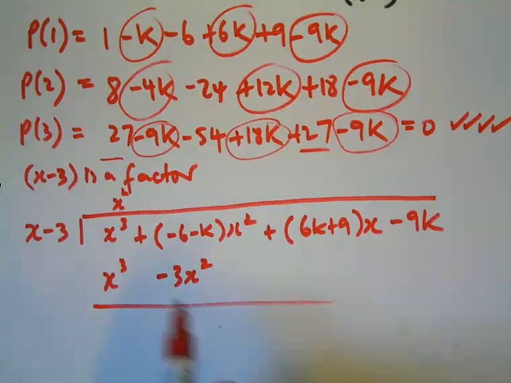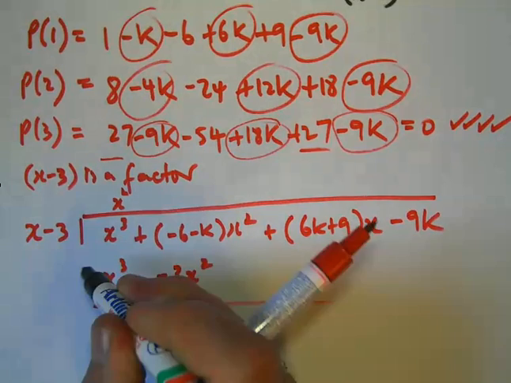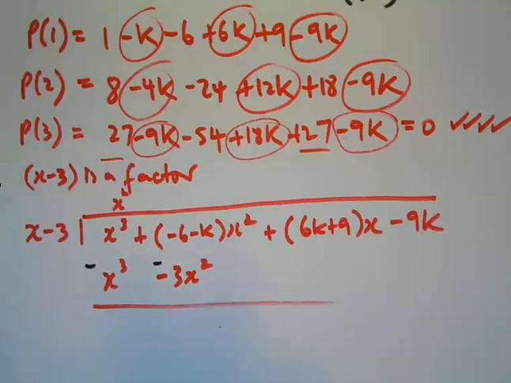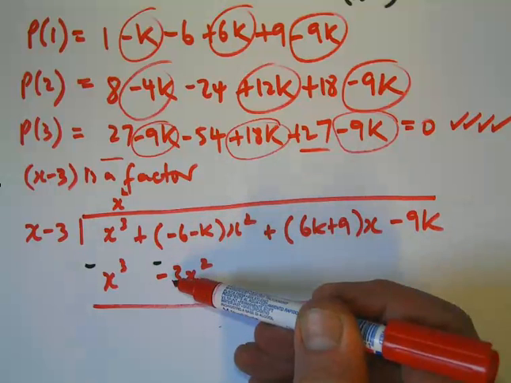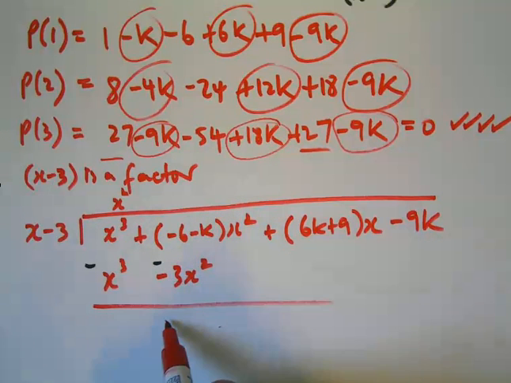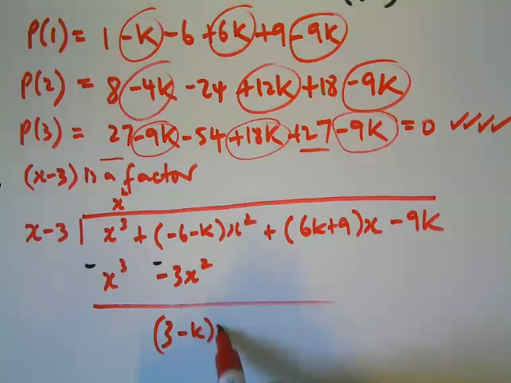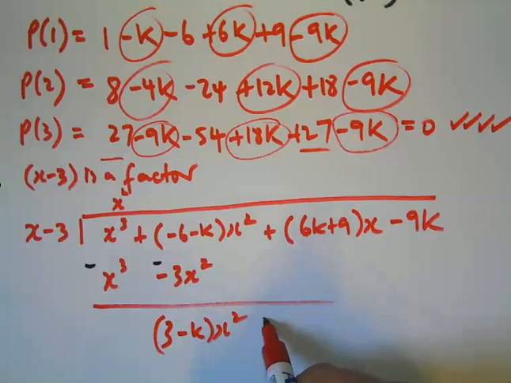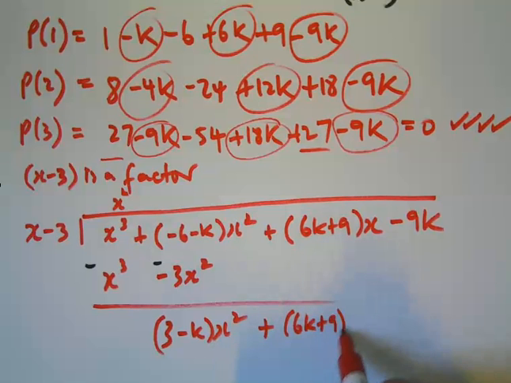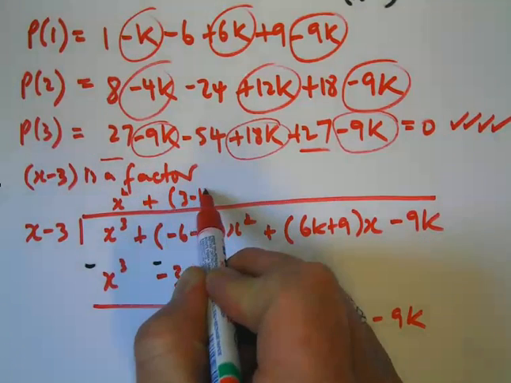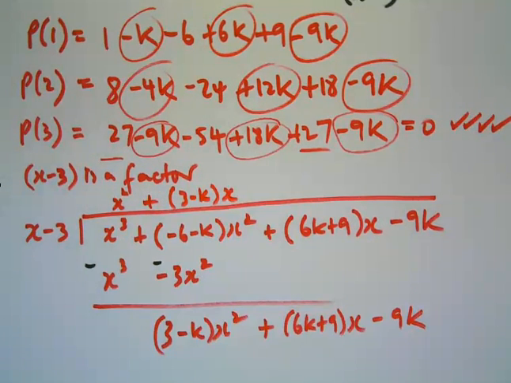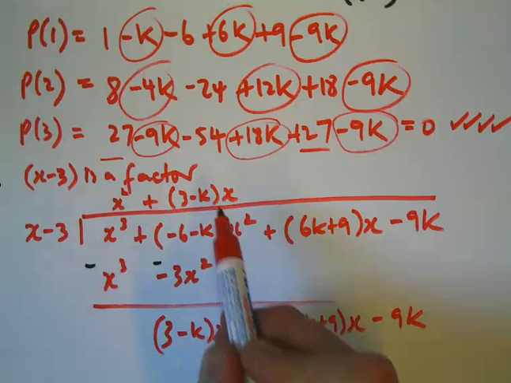I'm now going to subtract the second from the first. I have minus 6 plus 3 x squared, so that gives me minus 3 minus k x squareds, plus 6k plus 9x minus 9k. X goes into this, plus minus 3 minus k x times.